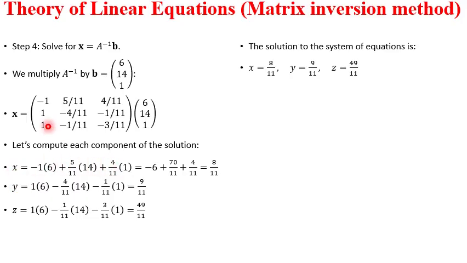The summation of multiplication of this element with this element with this element with this gives us the value of y, and the value of z is determined by the multiplication of this element with this element with this element with this. So that's just pretty simple.